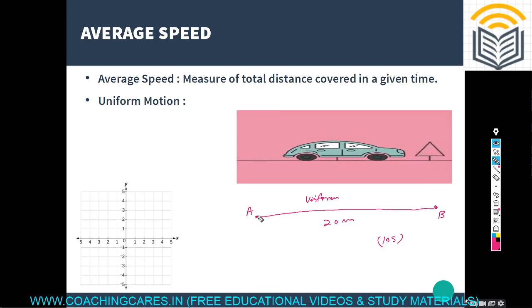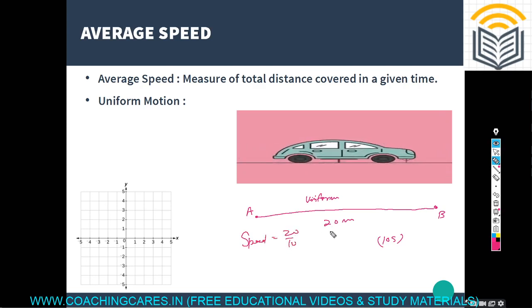So the average speed of this car will be equal to 20 by 10, which is 2 meters per second.